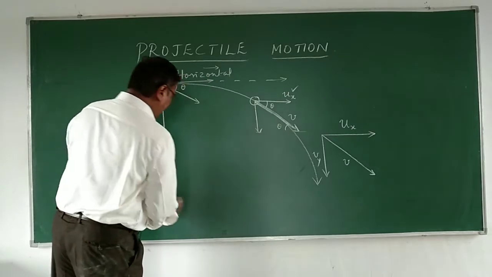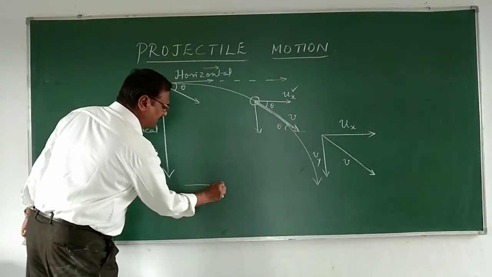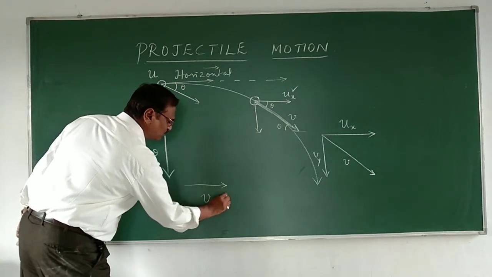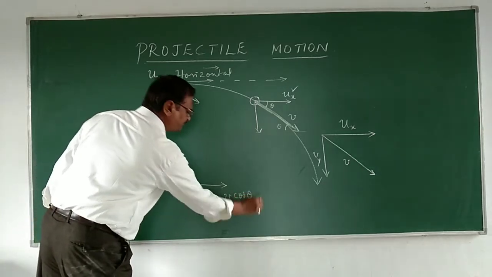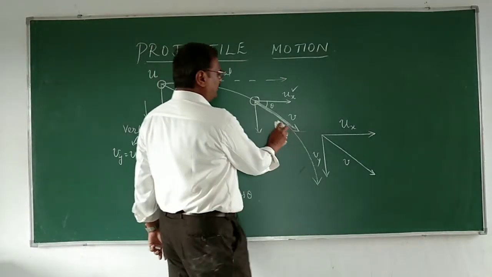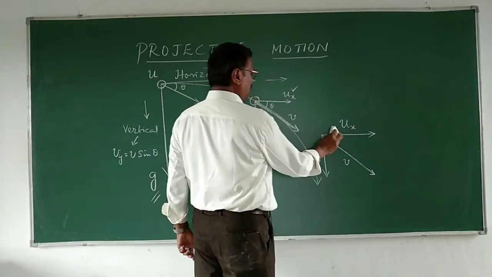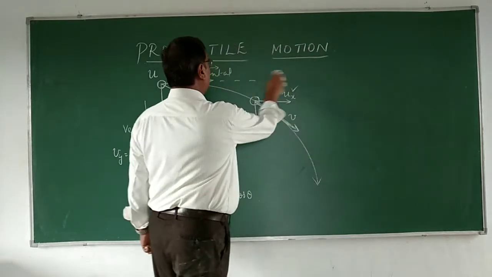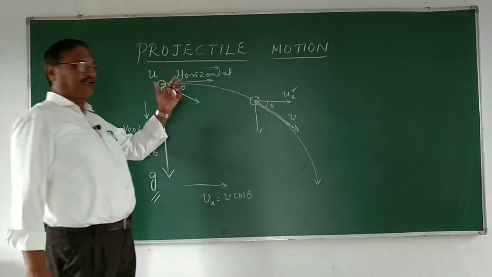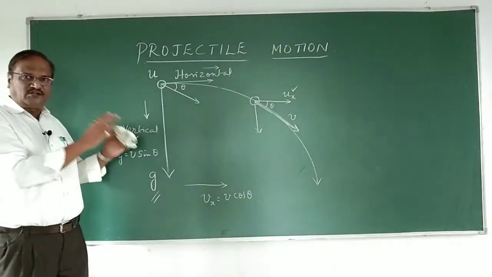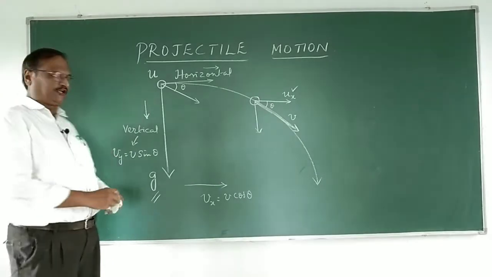In the horizontal direction, when it is traveling the distance, the component is Vx, which is V cos theta. So this is called resolution of vectors, which we learned in the previous videos, how we resolve a vector. Why should we learn a mathematical concept? Because in physics we are applying that. I hope you understand.